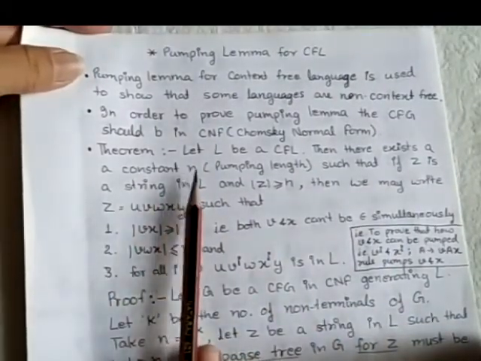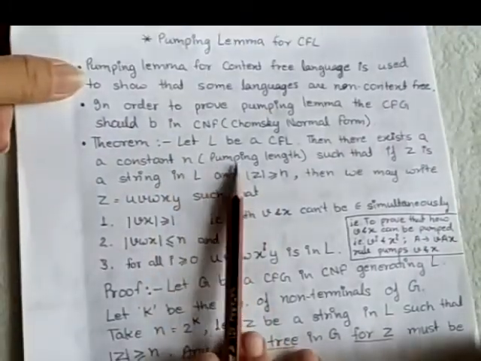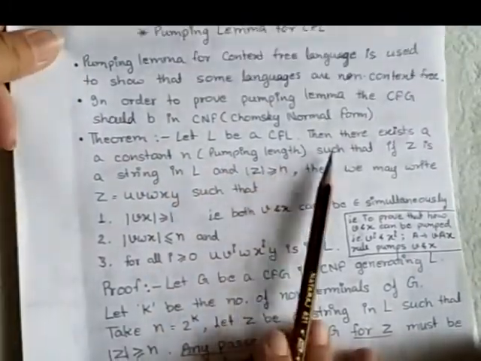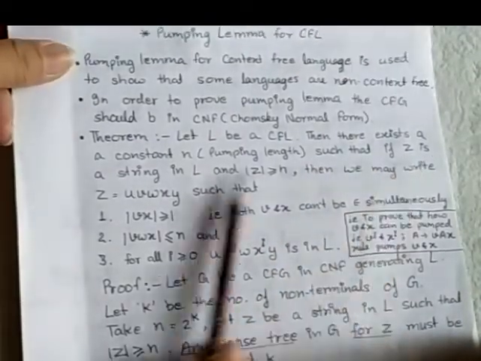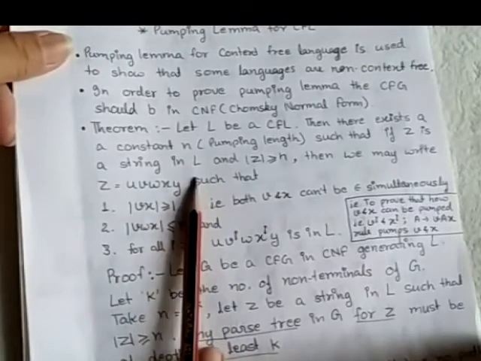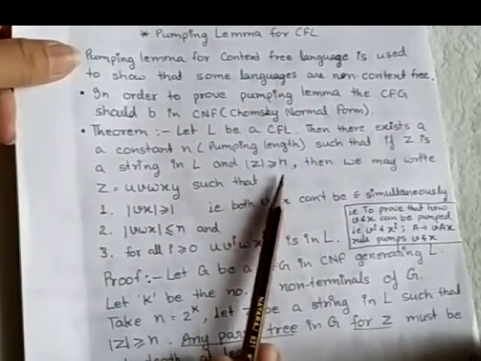which is dependent upon the grammar, also called the pumping length. Suppose we have a string z which is derived from the language L, and the length of the string is greater than or equal to n.